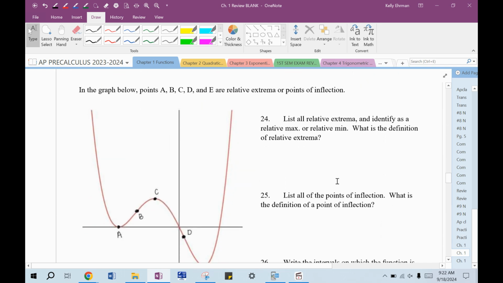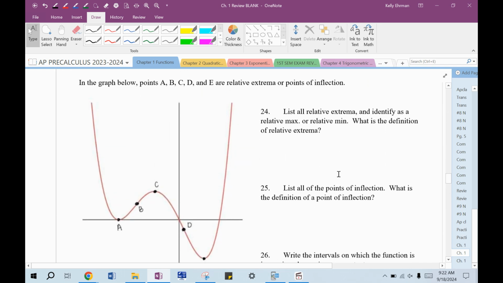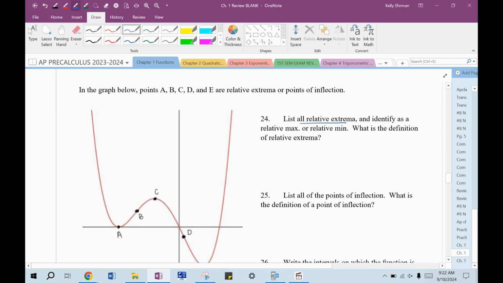All right. Looking at behavior of a graph, list all relative extrema and identify as a relative max or relative min. And then what is the definition of a relative extrema? So how about we start there? What's the definition of a relative max or min?